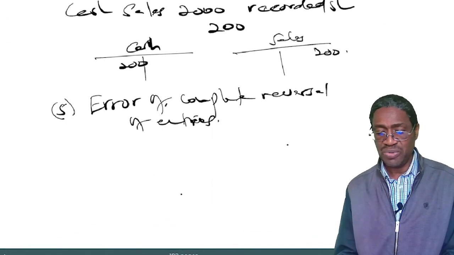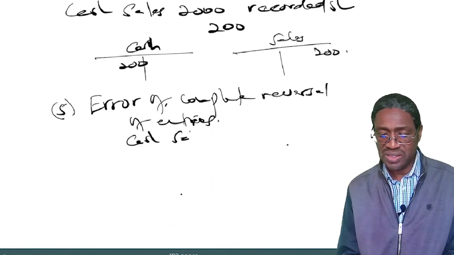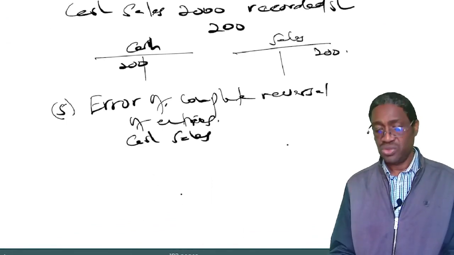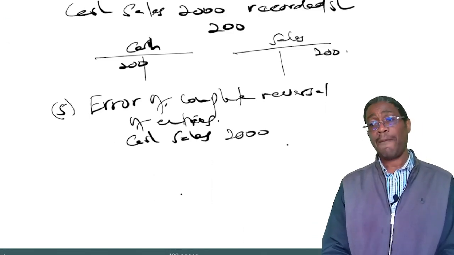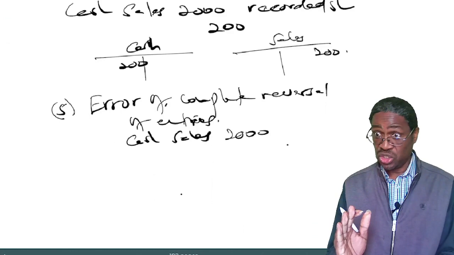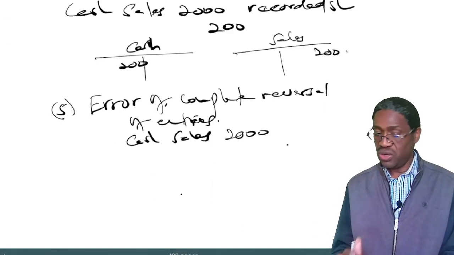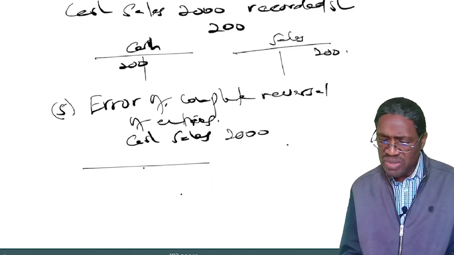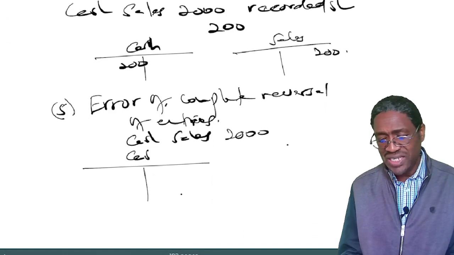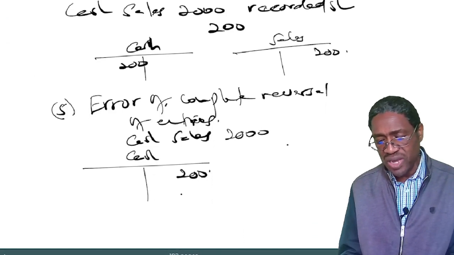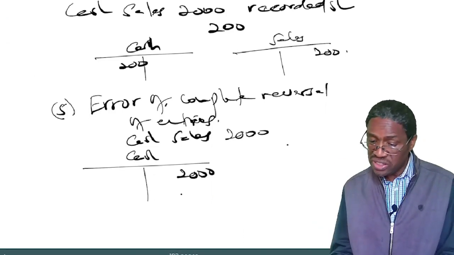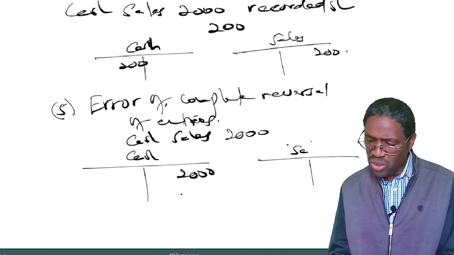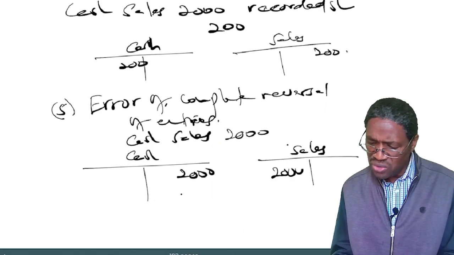For example, cash sales. What should be the recording? You sold goods for cash for 2,000. You're supposed to debit cash by 2,000. What if you did not debit cash by 2,000? Instead, you credited cash by 2,000. You are supposed to credit sales by 2,000, but what if you debited sales by 2,000?